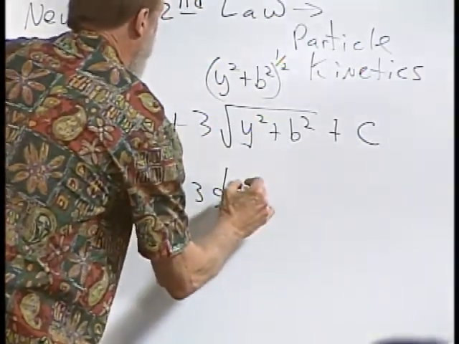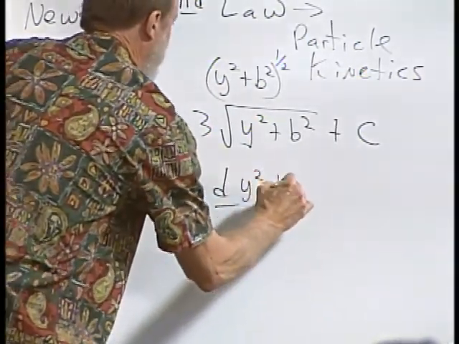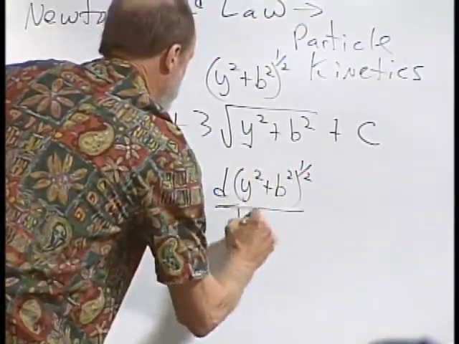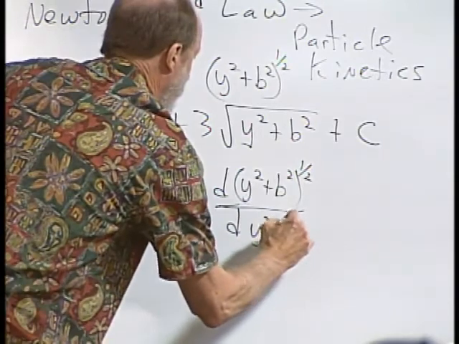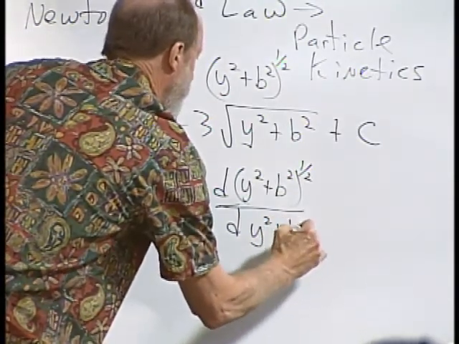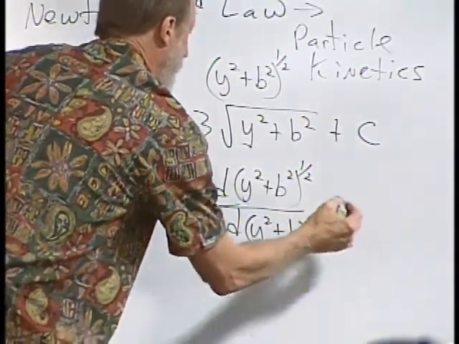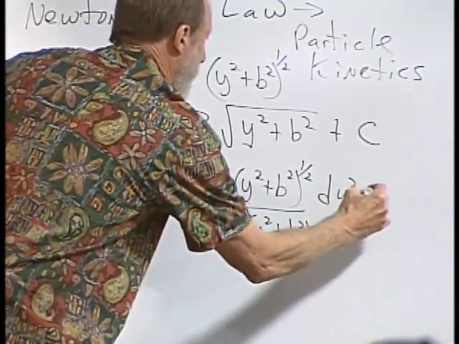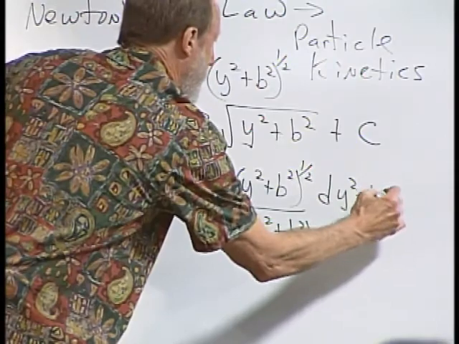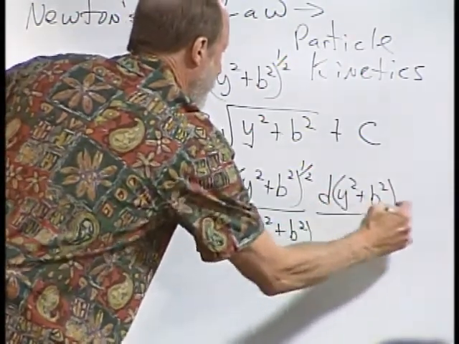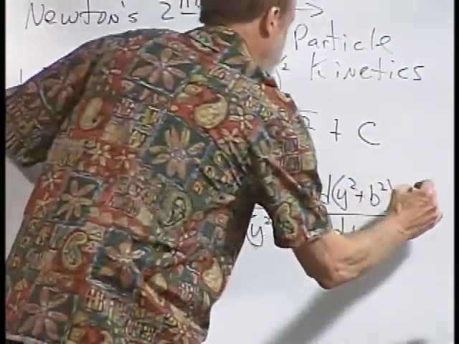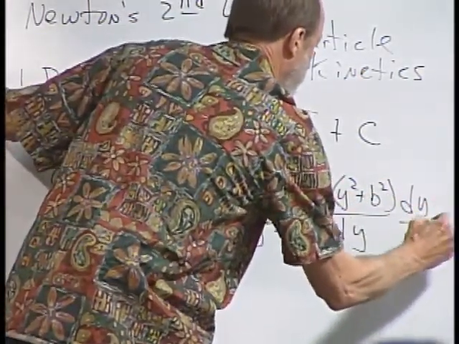So we start with (y squared plus b squared) to the 1/2, and we differentiate it with respect to the argument inside. Then we differentiate y squared plus b squared with respect to y, and then we differentiate y with respect to t.